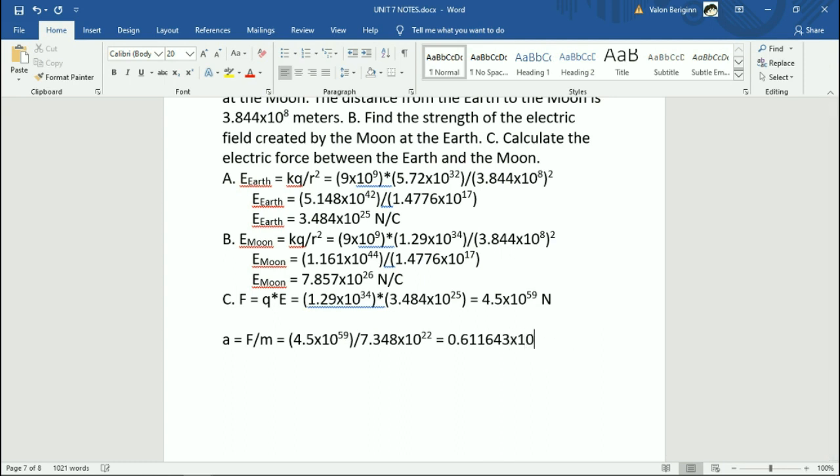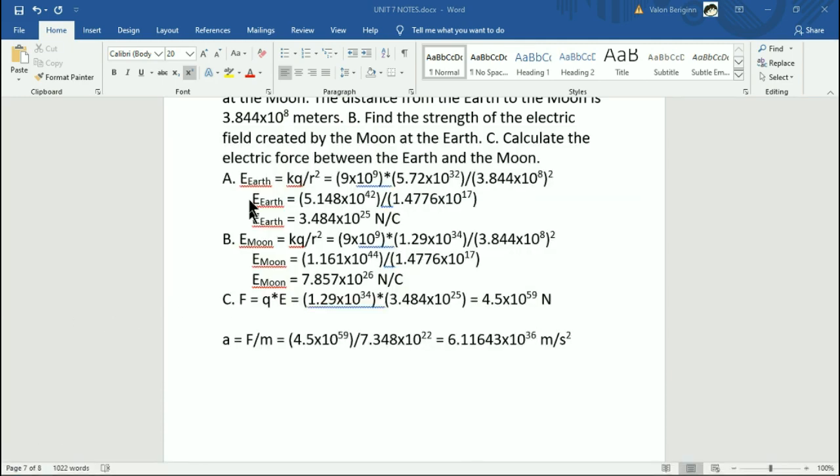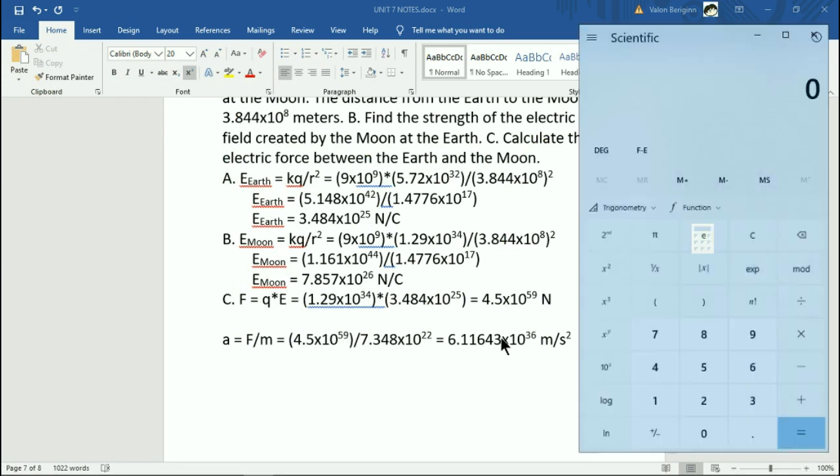So then times 10 to the, let's see, 59 minus 22 is 37. But I need to move this over, so this becomes 36. And then, oh wait, why did I close the calculator? I also left what number I had. That was really dumb.